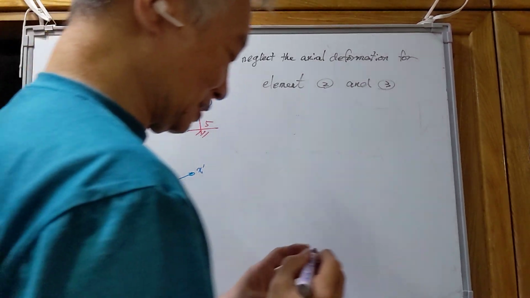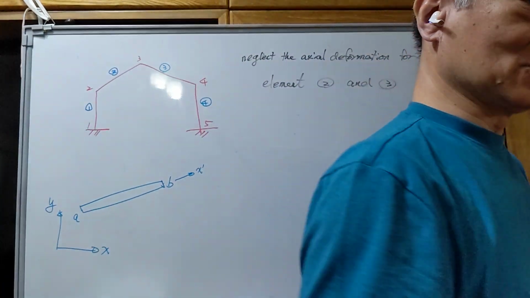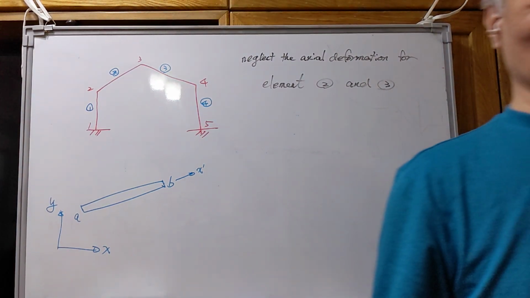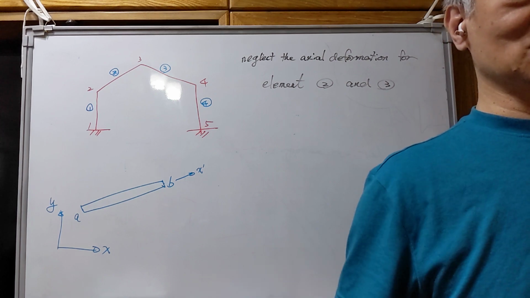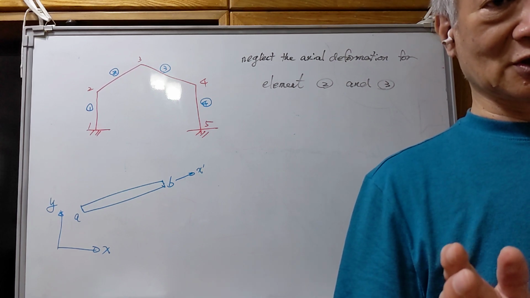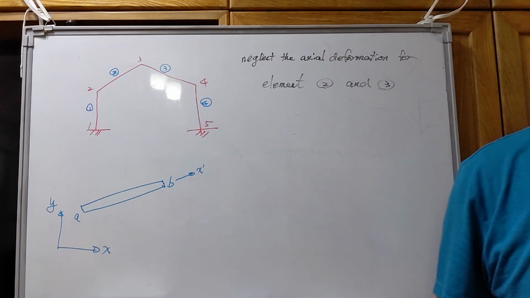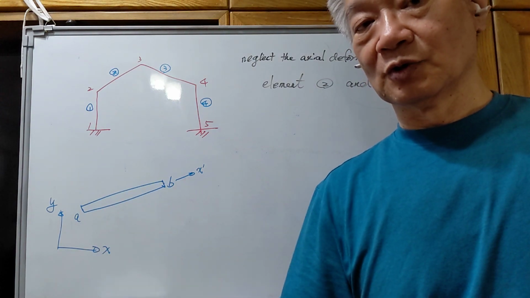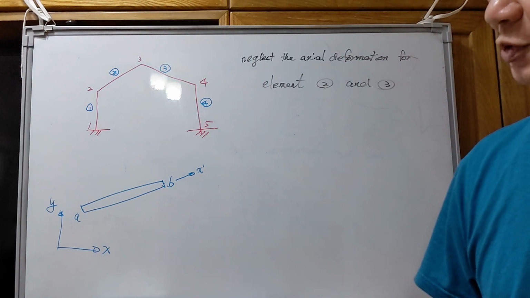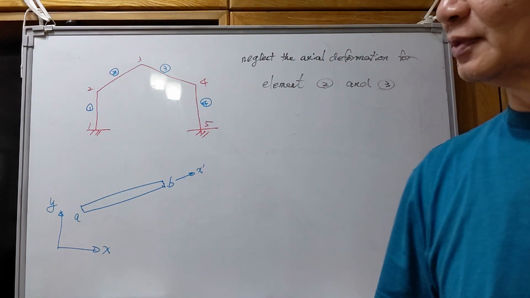Just like in the previous discussions, usually we will define the local x prime, which is the axial direction of the element. So from node A to node B, we can define the local x prime axis for this element.